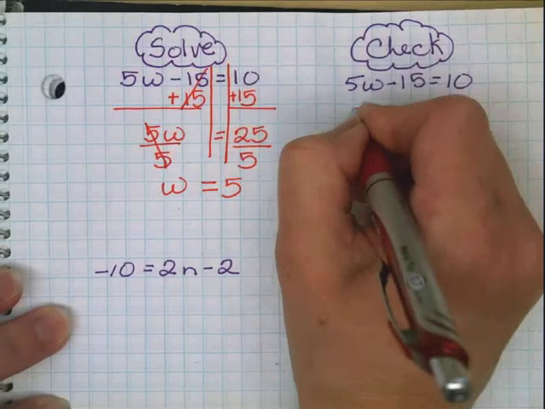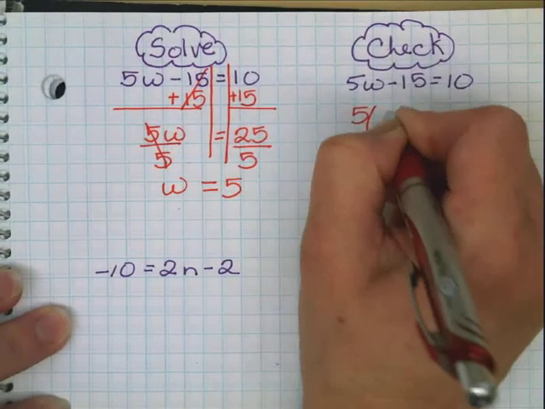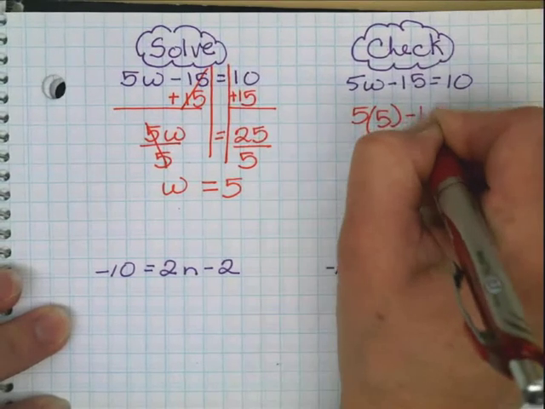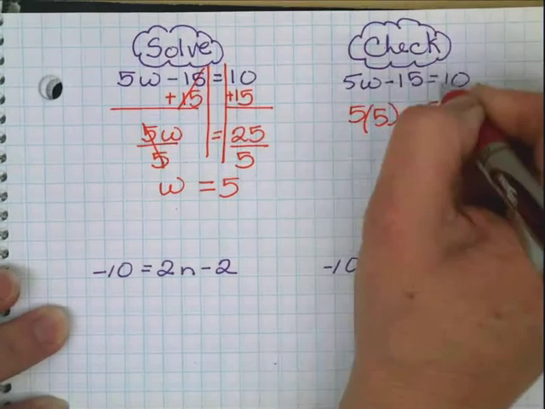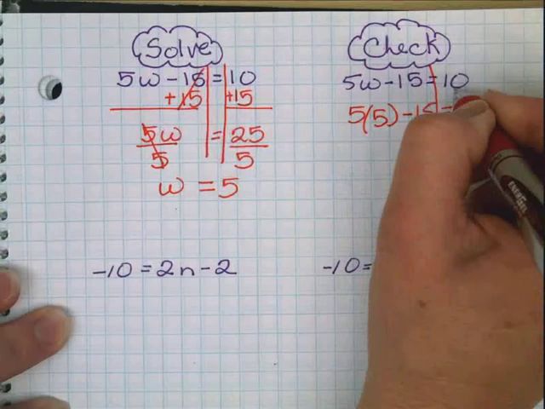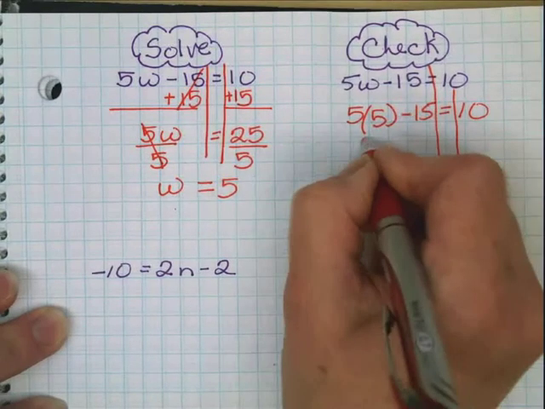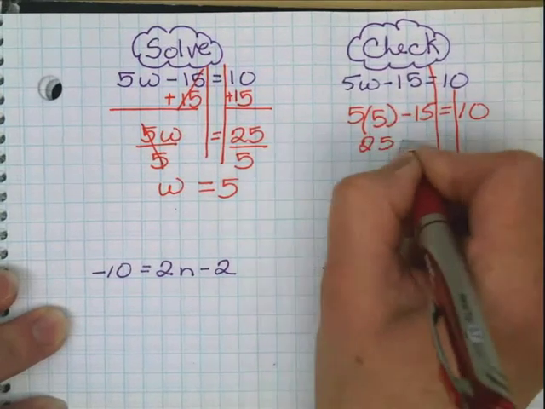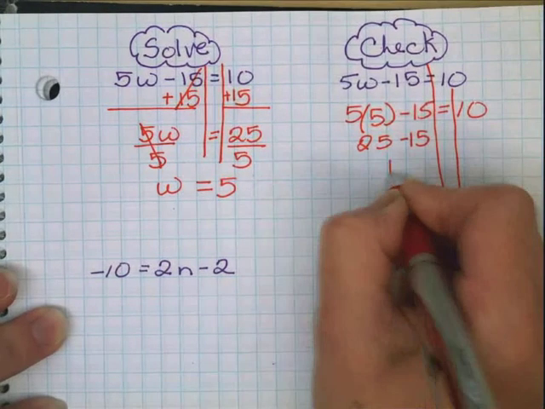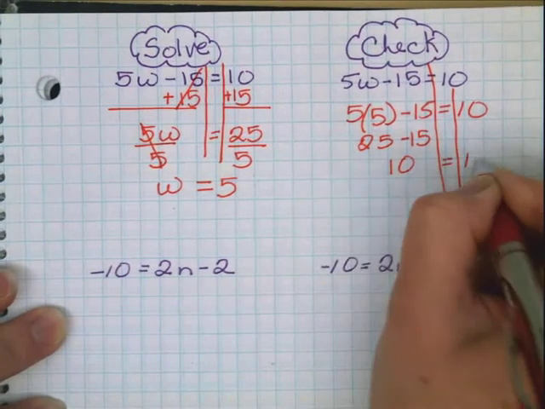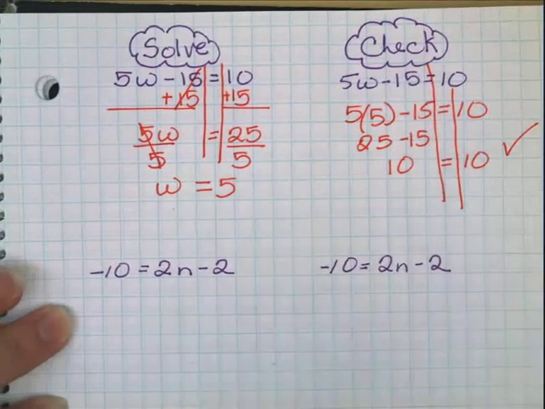I then check my work by substituting in: 5 times 5 minus 15 should equal 10. 5 times 5 is 25. 25 minus 15 is 10. They are indeed equal.